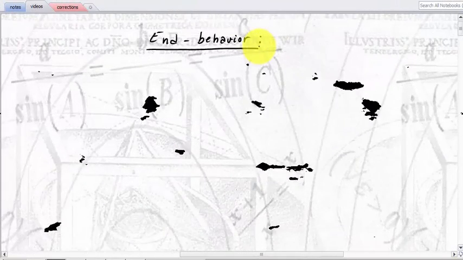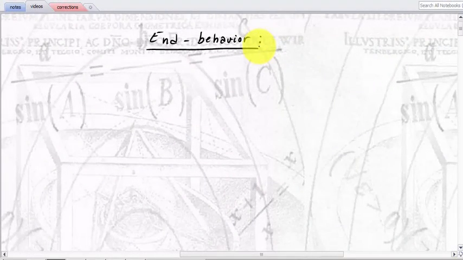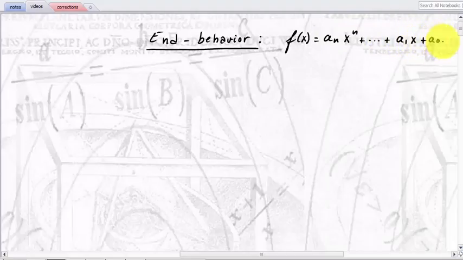So what does it mean to look at the end behavior of a polynomial function? We're going to be given a polynomial function, so the generic notation would be a_n x^n plus ... plus a_1 x plus a_0, right? This is a standard form.